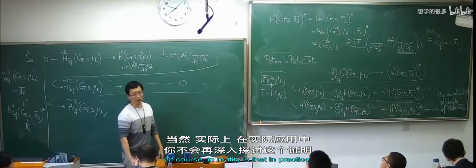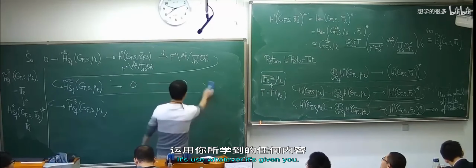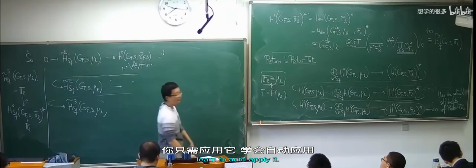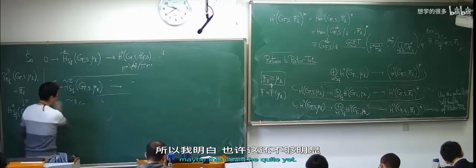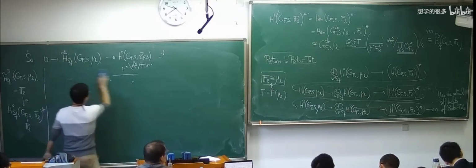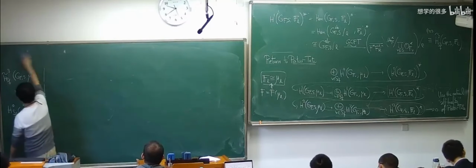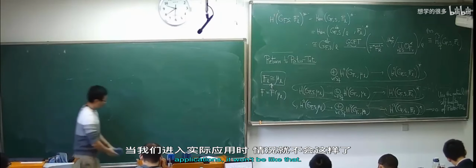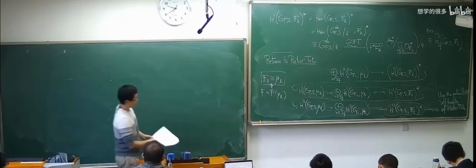But in practice, you're not going to go into the proof again. You just use whatever is given to you. You just need to learn how to apply it. I understand this may seem very difficult to you, but when we get to applications, it won't be like that. It will be easier, I think.